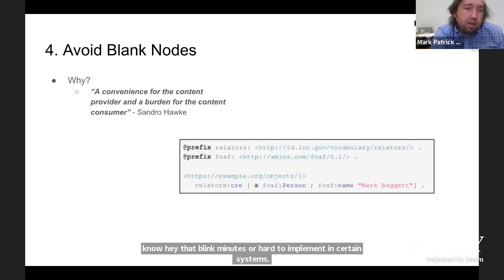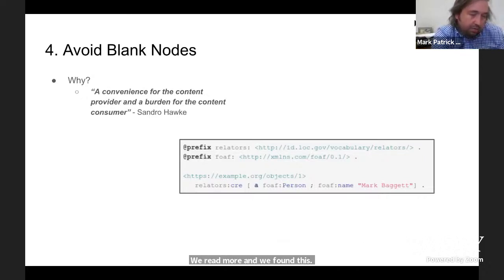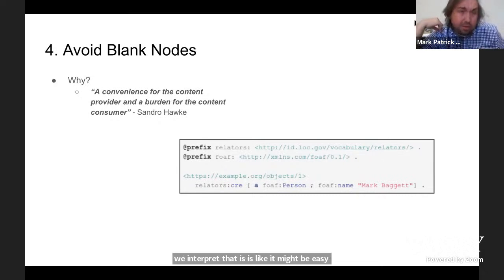We read more, and we found this quote, by Sandra Hawk, that I think was really the reason why we followed this: blank nodes are a convenience for the content provider and a burden for the content consumer. How we interpret that is, it might be easy for us to create a blank node to represent the object, but it makes it hard for the developer or the consuming application to do something with that. And we wanted to avoid that.